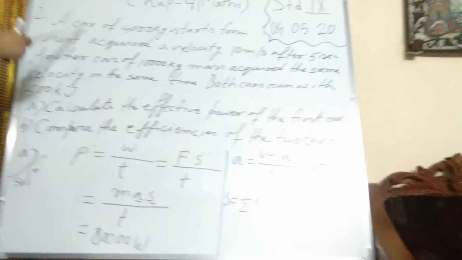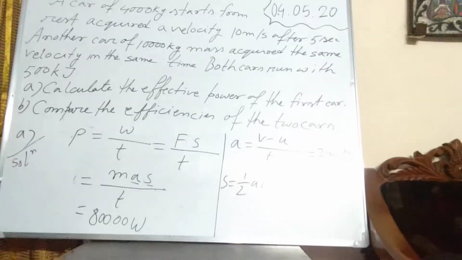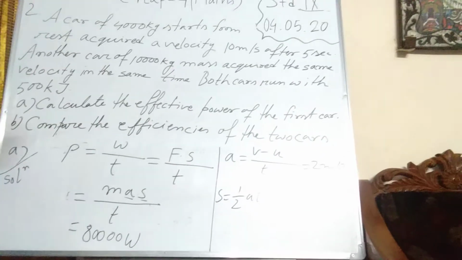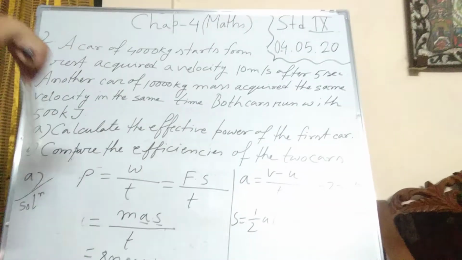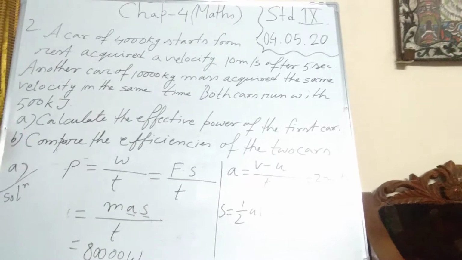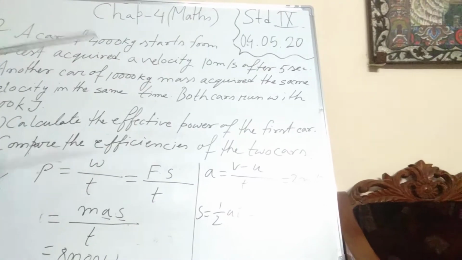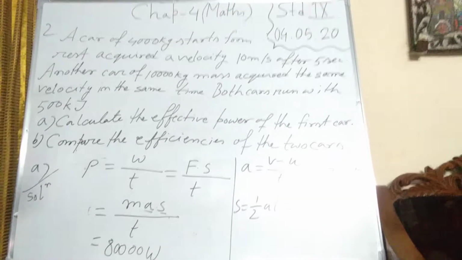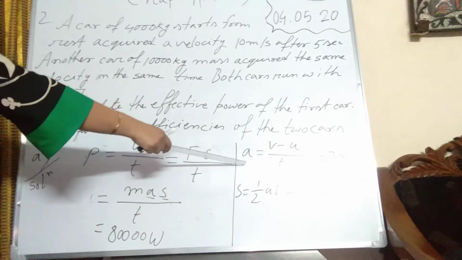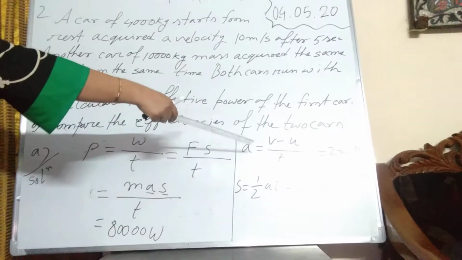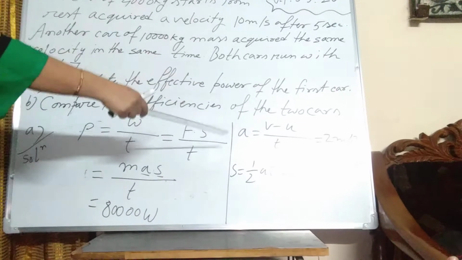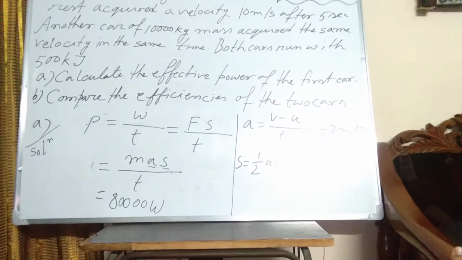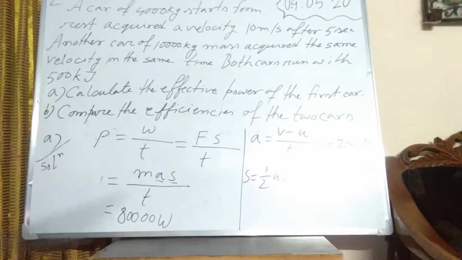But look, the car starts from rest, that means its initial velocity is 0 and it acquires a velocity of 10 meter per second after 5 seconds. So acceleration we can easily find out: acceleration equals v minus u by t. If we put the values of v, u and t, we get acceleration equal to 2 meter per second square. I think you understood.